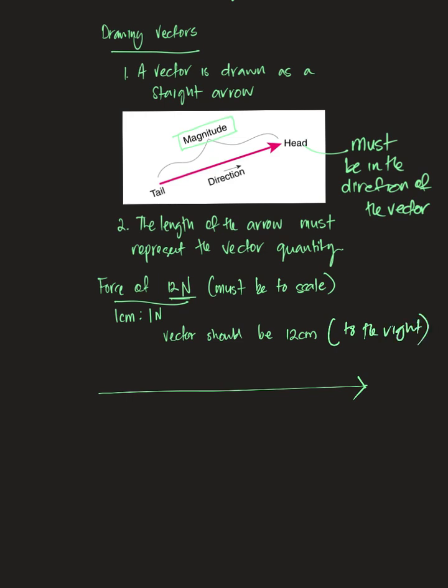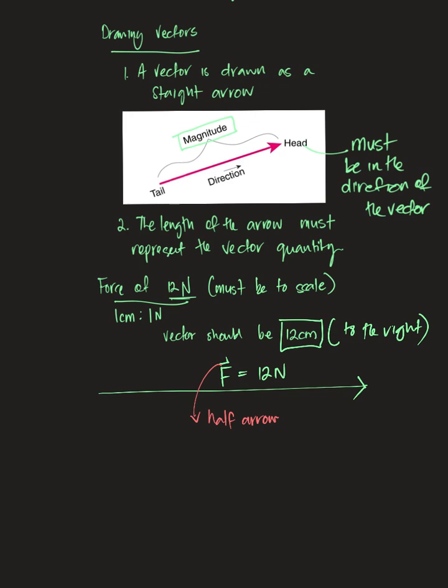Right, so the vector itself will be 12 centimeters, but when I label it, I'm going to say the force is equal to 12 newtons. Now, this little symbol here that you can see, that's what we call a half arrow.